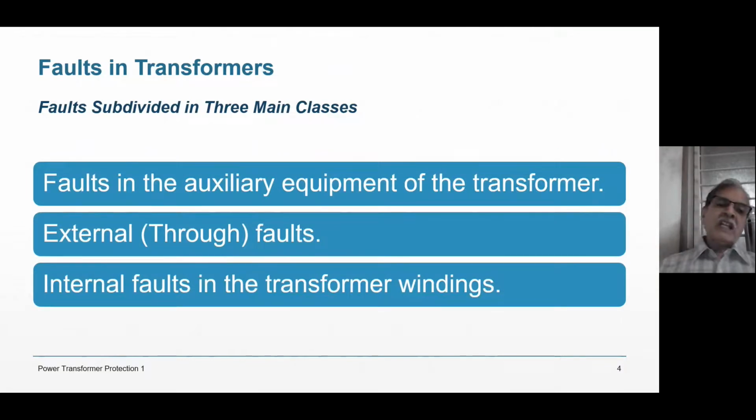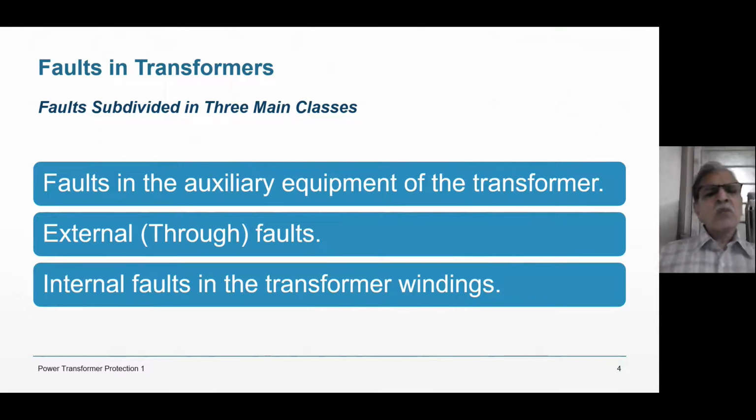So mainly there are 3 kinds of faults. Faults in auxiliary equipment. These are incipient or minor faults. They do not cause immediate damage to transformer. But in time to come, maybe it may take 1 hour, or it may take 1 day, or it may take 7 days, but it may result into serious fault.